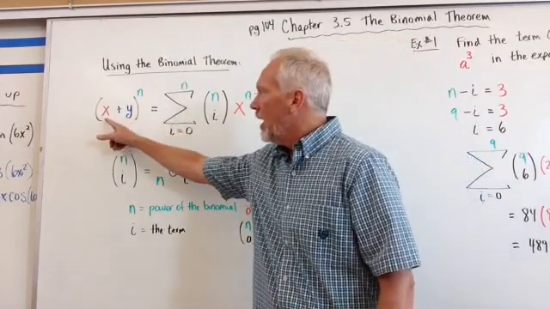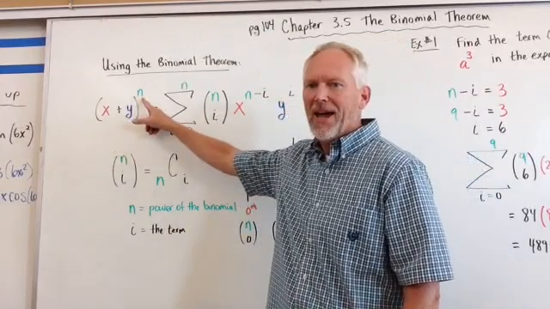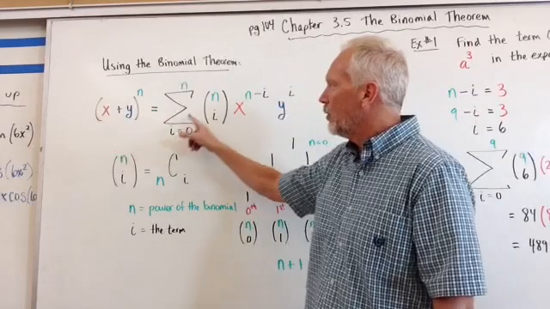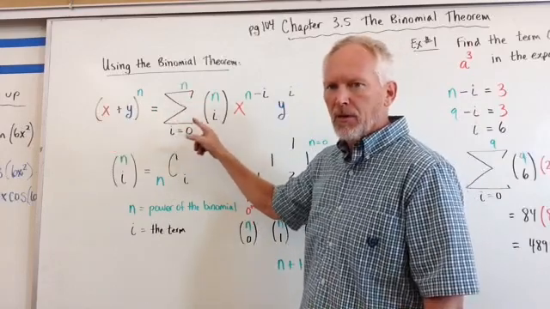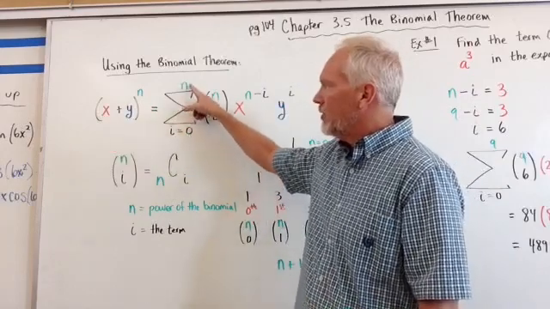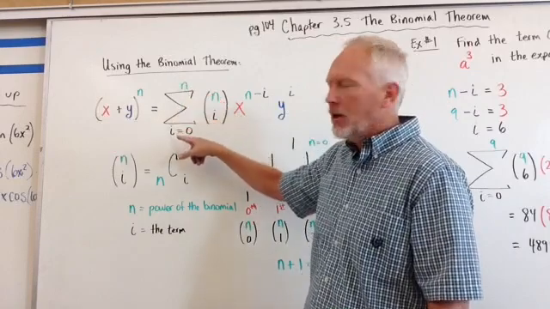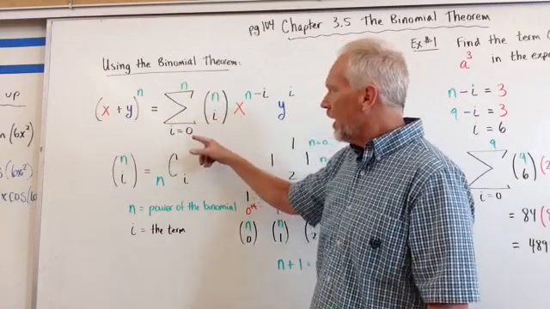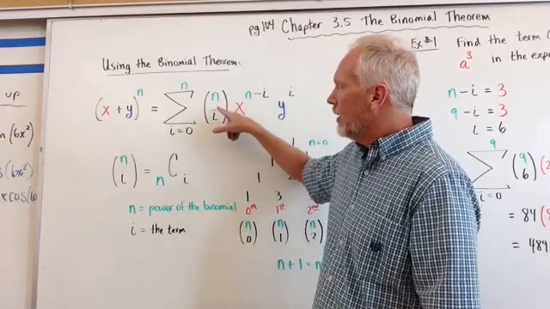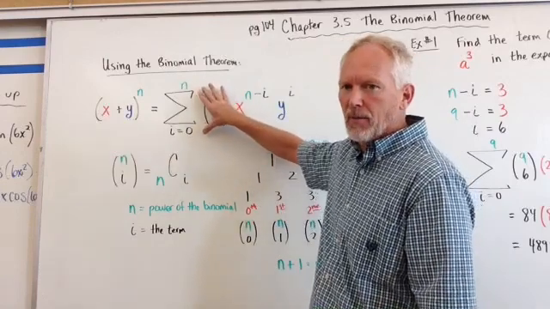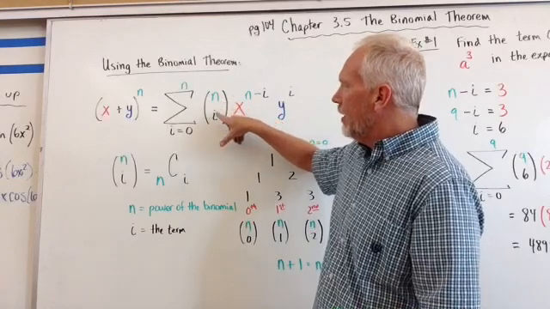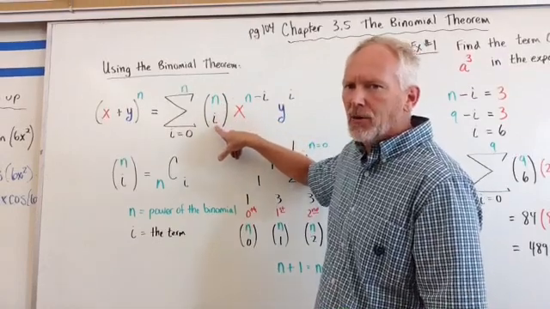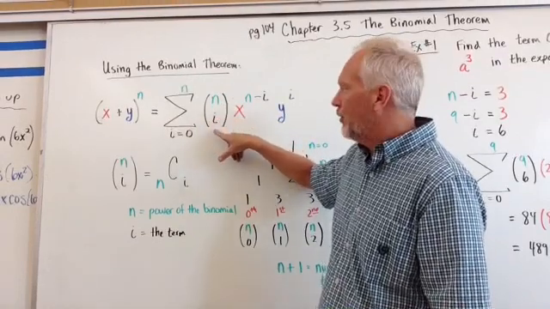It says that any x plus y to the nth power is equal to the sum, remember the sum symbol, to some nth upper bound, where i starts out at the 0th term, and we multiply that by n choose i, which is the nth term and the ith term.